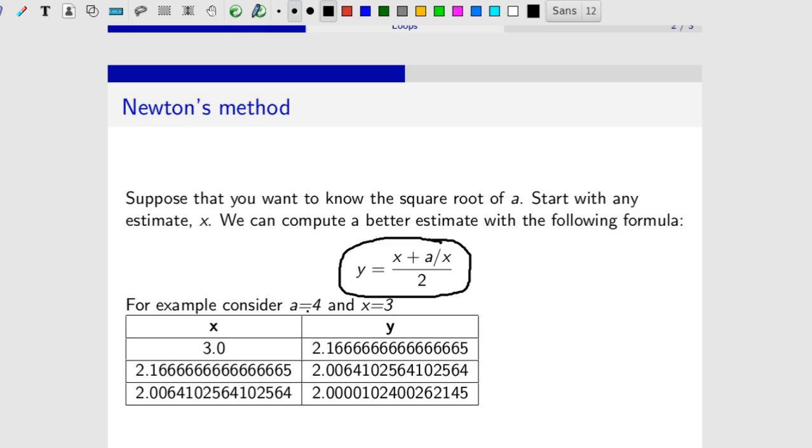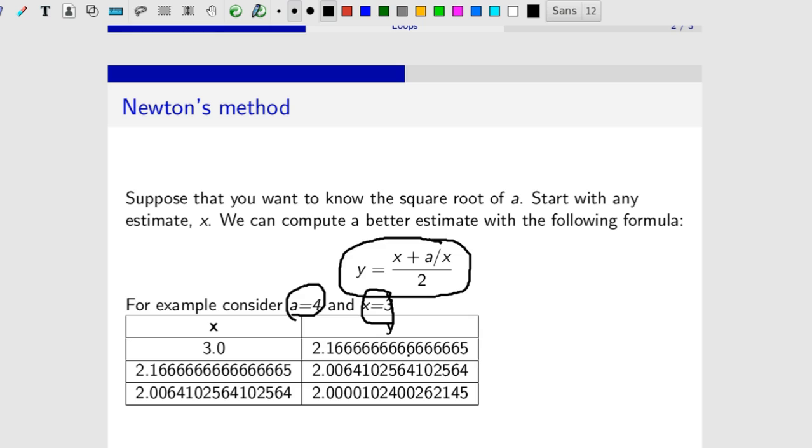Consider the example where a equal to 4 and x equal to 3. We will be taking the estimate of the root of a as 3. The actual root is 2. So, x equal to 3, then we will be finding out y equal to (x plus a by x) by 2, which we will be getting as 2.166.